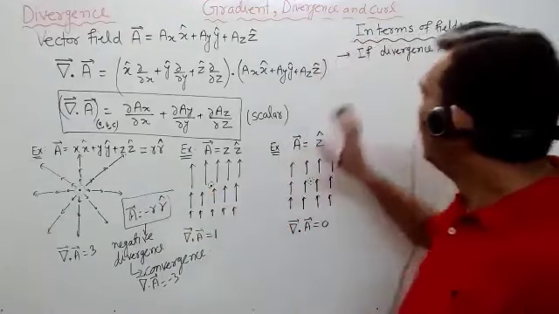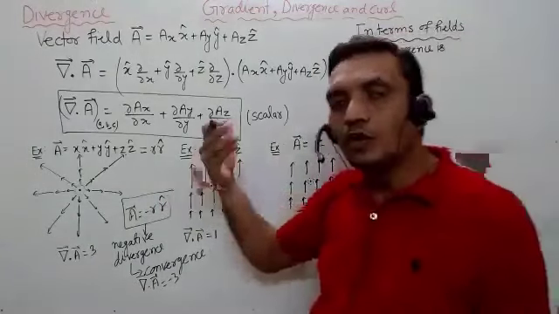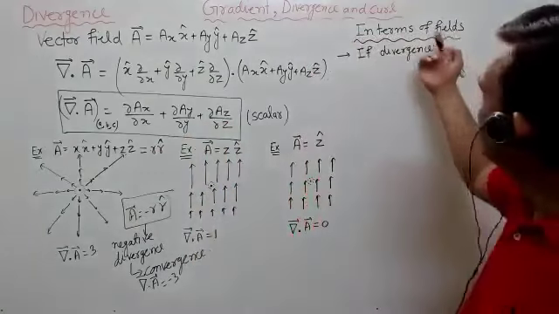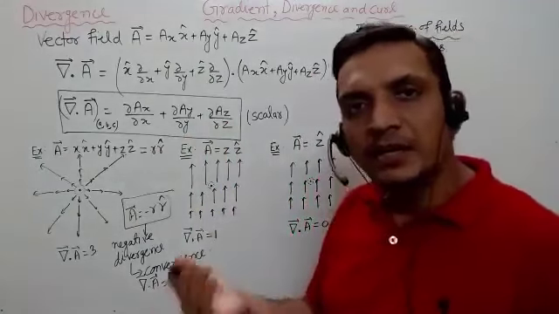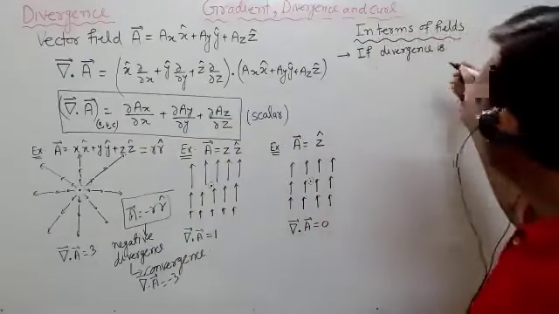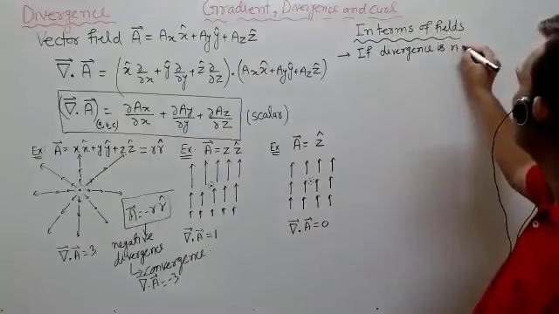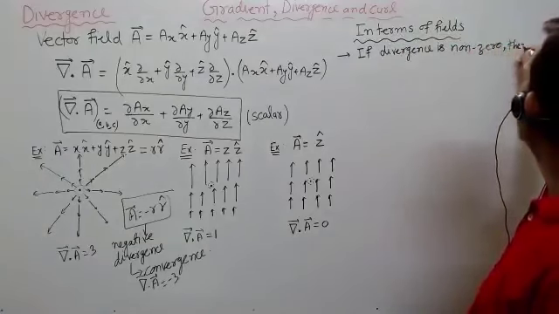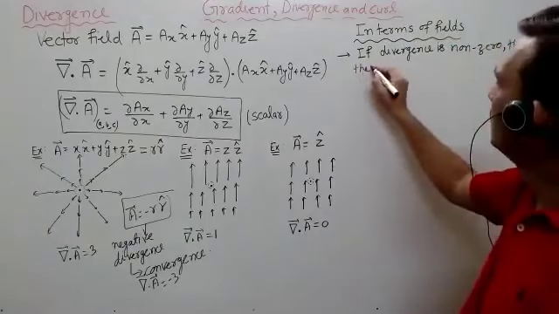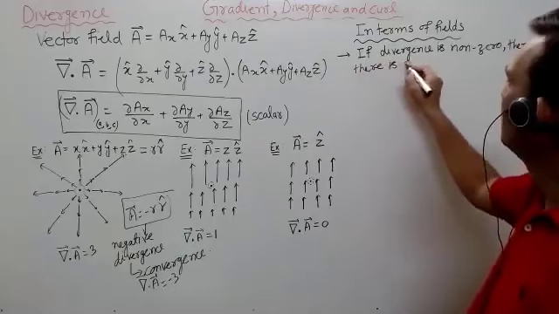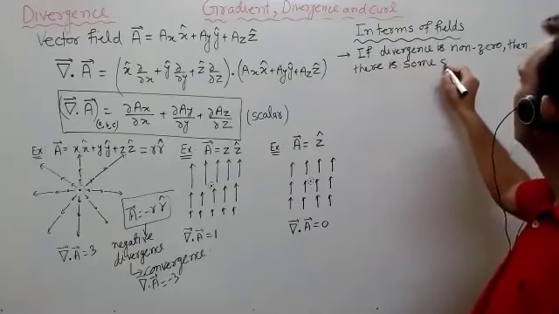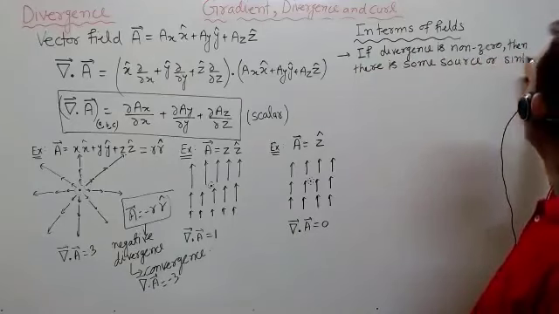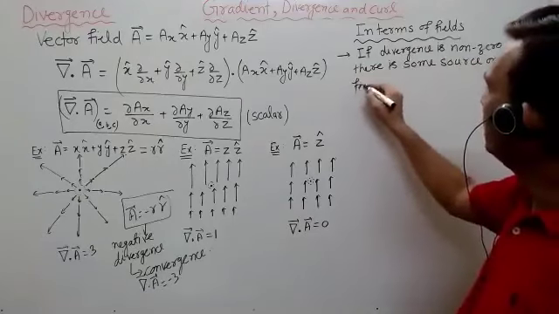Yes, sir. Now we have to see what we mean by divergence in terms of field. So we will talk about electric field and magnetic field. If divergence is non-zero, then there is some source or sink for that field.